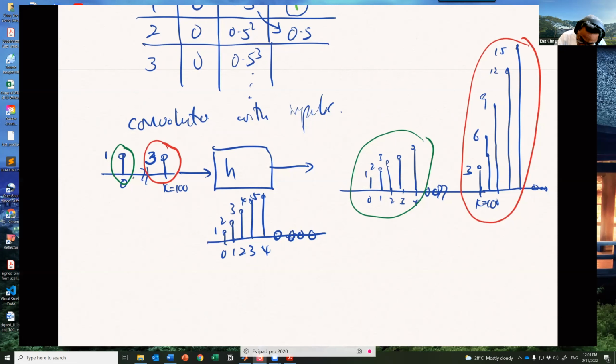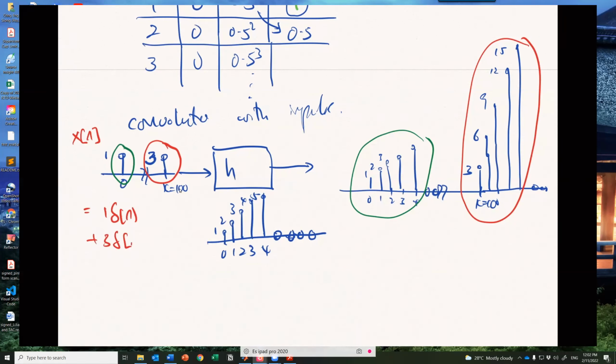The left one is the input, made up of two guys: one impulse at time 0 and one impulse at time 100, scaled by 3. So this equation is 1 delta n plus 3 delta n minus 100. Correct.